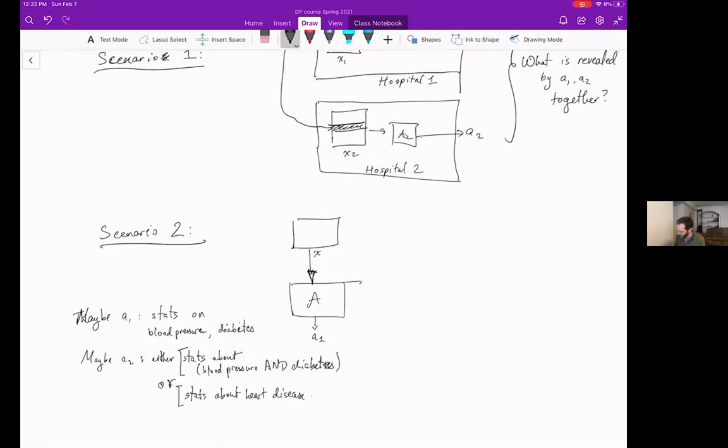Okay, so the exact type of dependency doesn't matter, but the picture you should have in your mind is something like this, that the output of A1 is used to select an algorithm A2, and A2 is going to be run on the same data set X to produce an output A2. And again, the question is, what is revealed by A1 and A2 together?